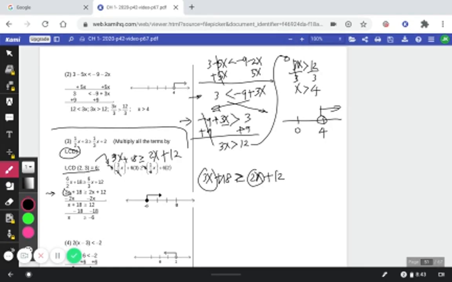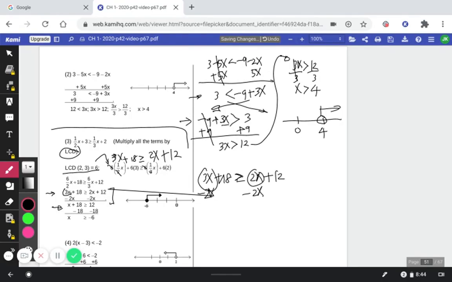You move the small x, so minus 2x on both sides, and you continue to solve this. When you minus 2x on both sides, you get 1x plus 18 is greater than or equal to, cancel this one out, so you get 12. And then you minus 18 on both sides, your x is bigger than or equal to negative 6, because 12 minus 18 is negative 6.